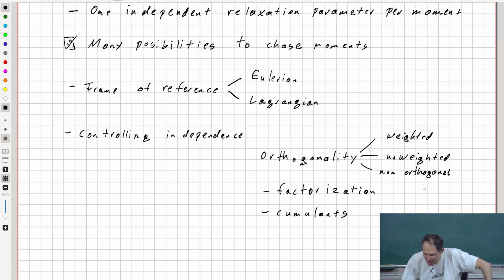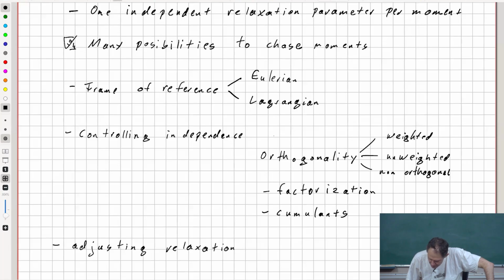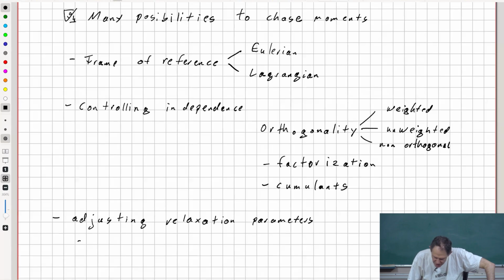Maybe these things are not very clear now, but this is what we'll study through the next 2 weeks. One last thing in which they could differ is the adjustment, the relaxation parameter. You can adjust parameters, for example, so that they are physically still accurate but damp oscillations.